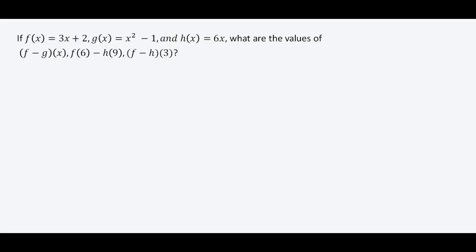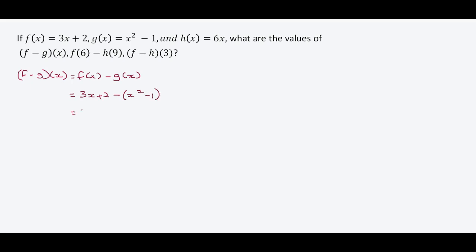So let's look at f minus g of x. That is going to be equal to f of x minus g of x. f of x is 3x plus 2 minus, for sure you want to have your parentheses, x squared minus 1.